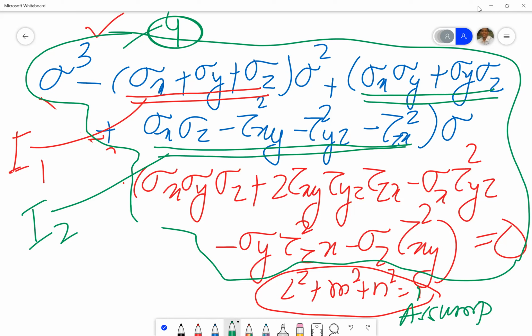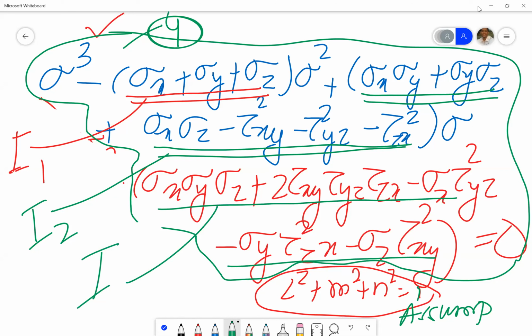And there is also a third invariant, here, written as I3. These are the invariants of three-dimensional stresses.